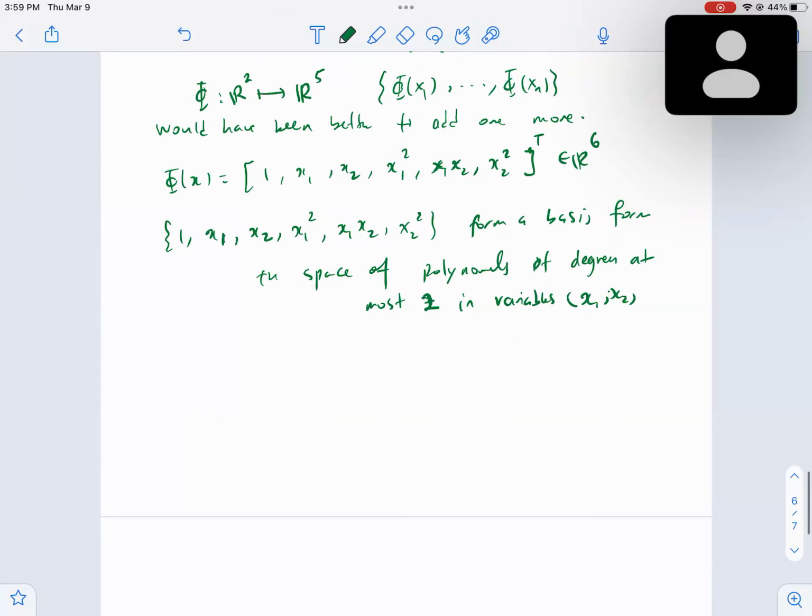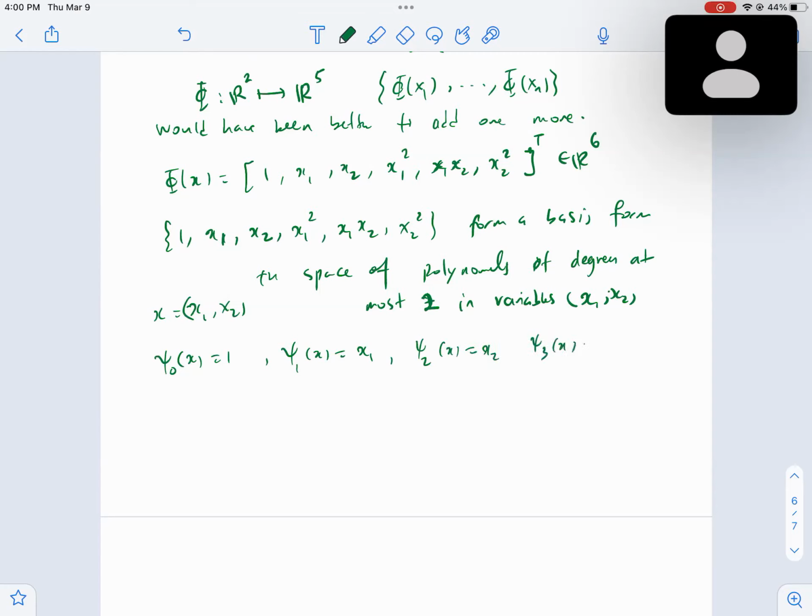So if I call this psi 0, psi 1: psi 0 of x is 1, psi 1 of x is x1. So x here is (x1, x2). Psi 2 of x is x2.